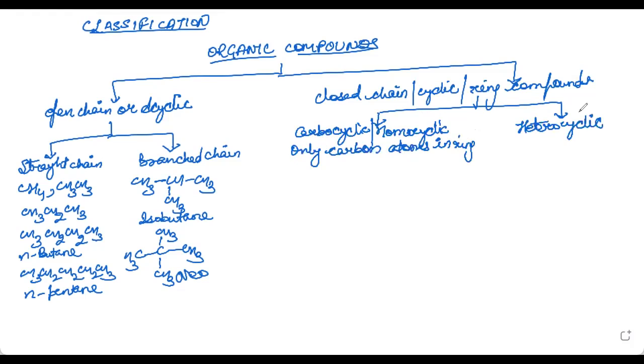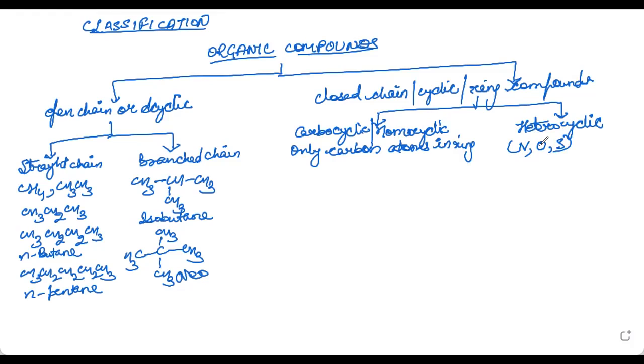In case of heterocyclic ring compounds, there will be a ring which will contain carbon atoms, but along with carbon atoms, at one or more positions, there will be some other atom. The other atom can be either nitrogen or oxygen or sulfur. So in addition to carbon, there will be one or more heteroatoms. That is, the ring is not formed only by carbon.